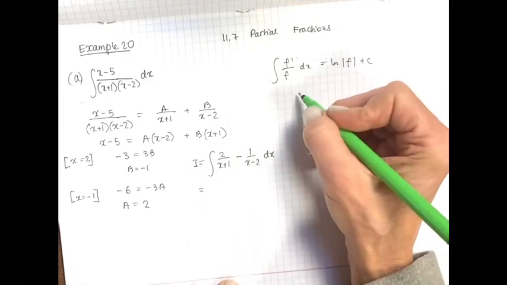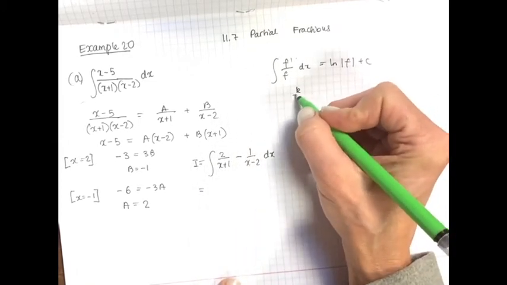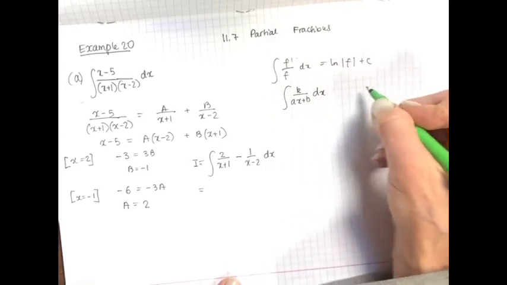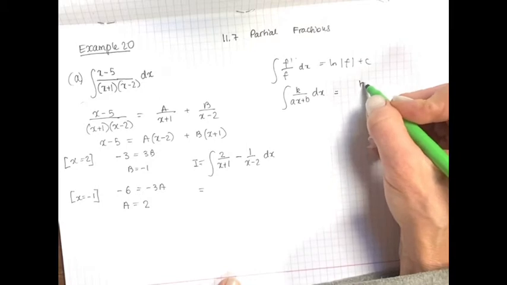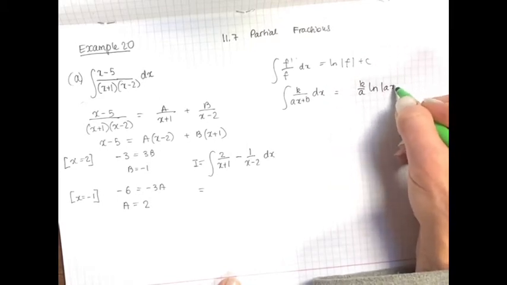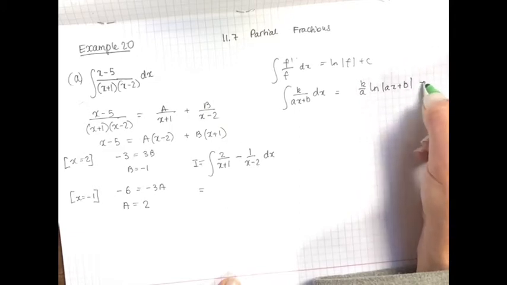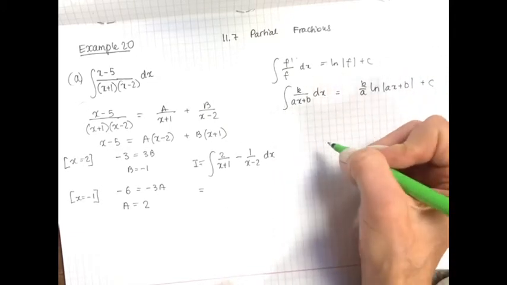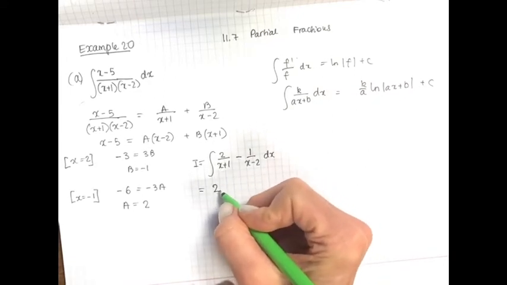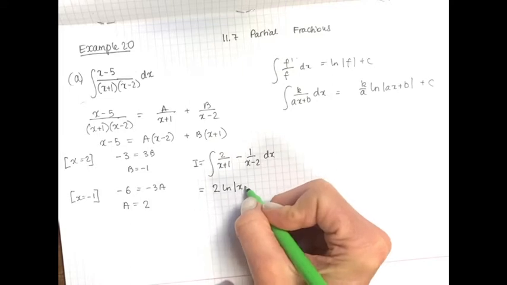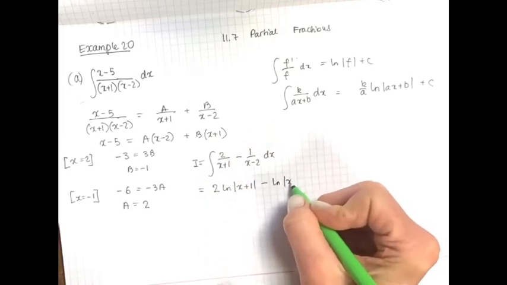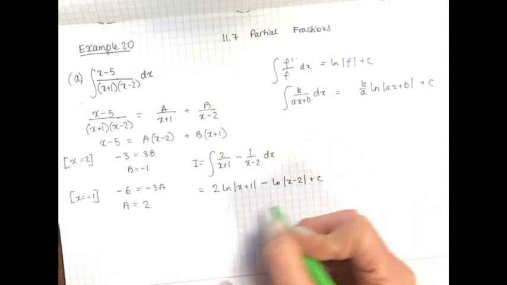Remember, in terms of ln, if you've got k over ax plus b, then it goes to k over a ln of ax plus b. So you need to remember to divide by whatever x is multiplied by. Here it's multiplied by 1, so this will go to 2 ln of x plus 1, and this one will go to minus ln of x minus 2, plus c.